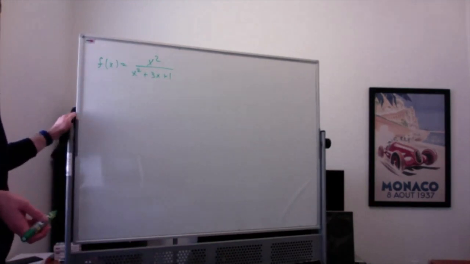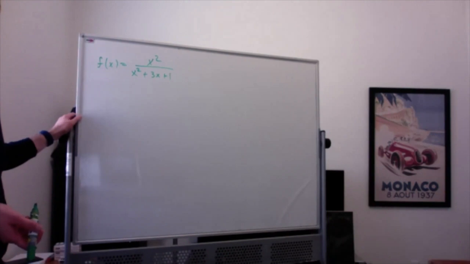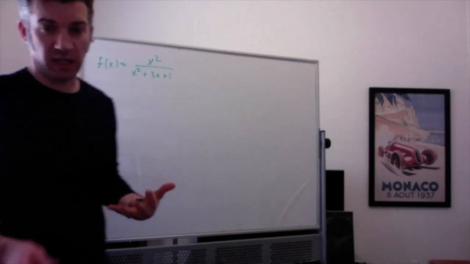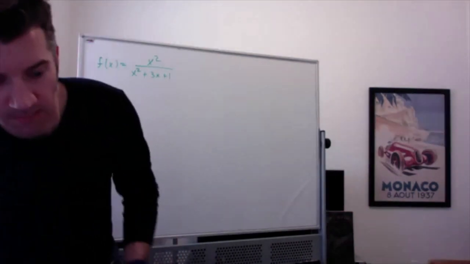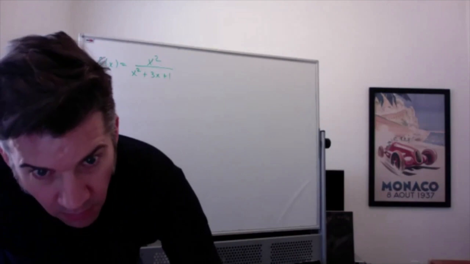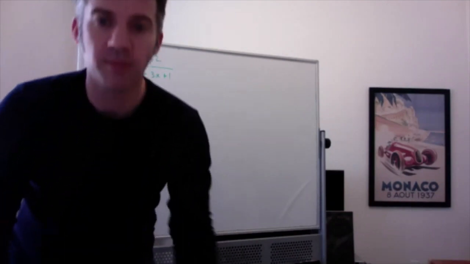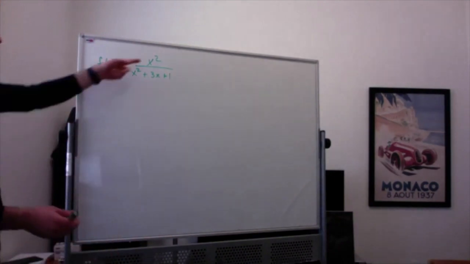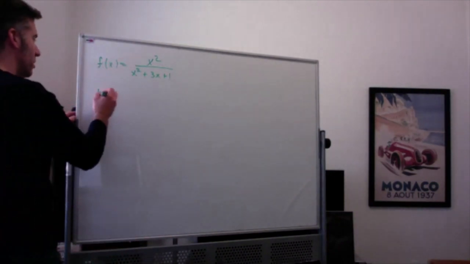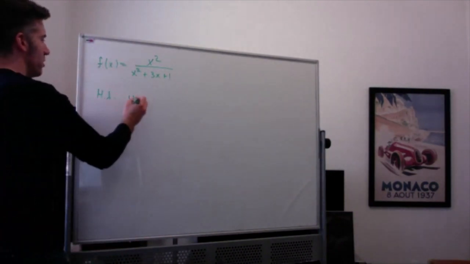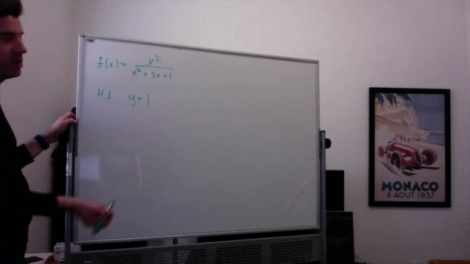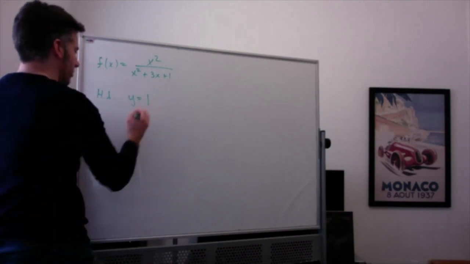It's x squared over x squared plus 3x plus 1. Horizontal or slant? Horizontal. Yeah, definitely horizontal, because the degree on top and the degree on the bottom are the same. The horizontal asymptote here would be y equal to 1. I really should write y equal to 1 over 1, right?